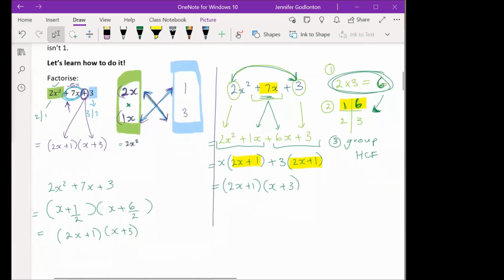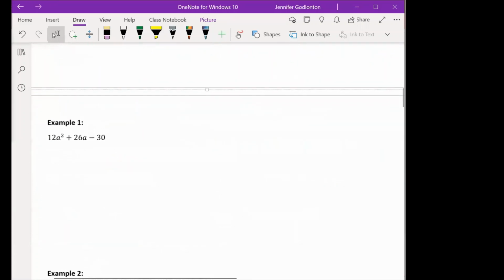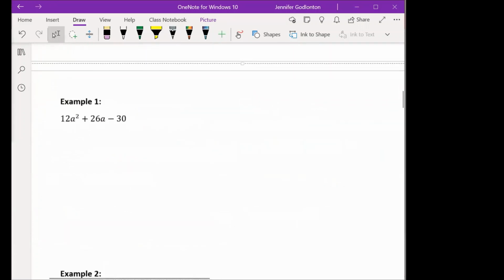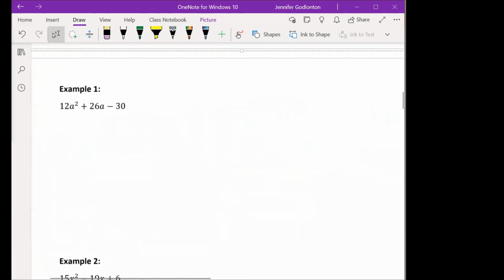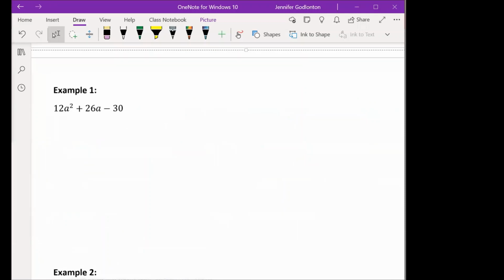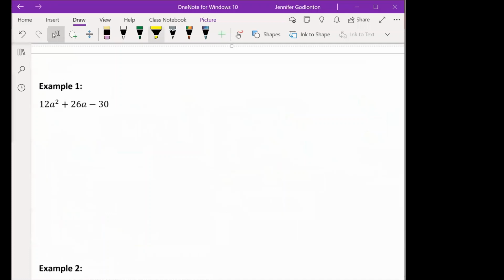Okay. So we are going to look at this first one over here. I'm going to help you with the first step, and then we're going to talk through it. And those of you who are feeling confident, you're welcome to work on it by yourself on your side. We're just going to slowly chip away at these. Now, in this question, the first thing we have to do, if we can do it, is we always have to take out our highest common factor.